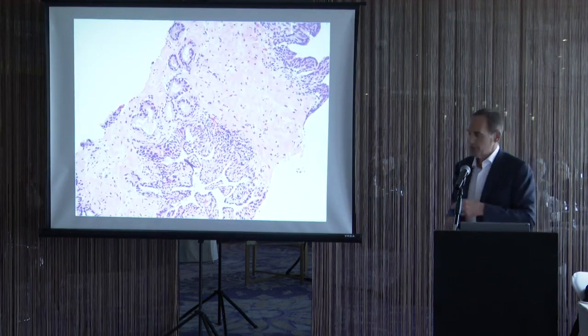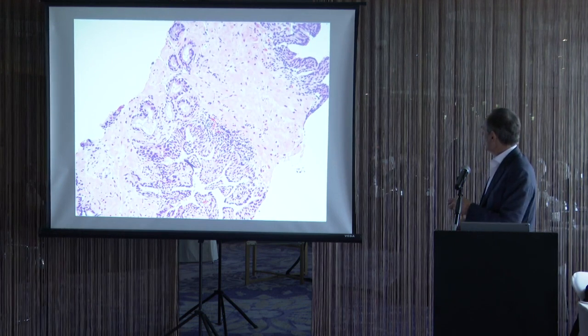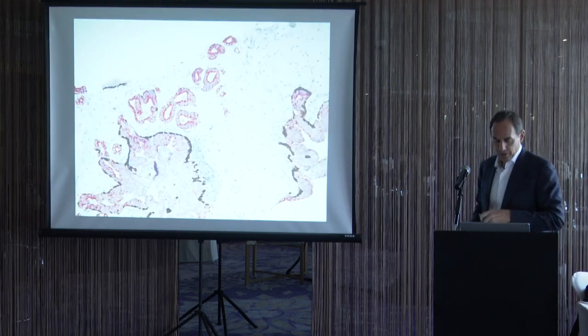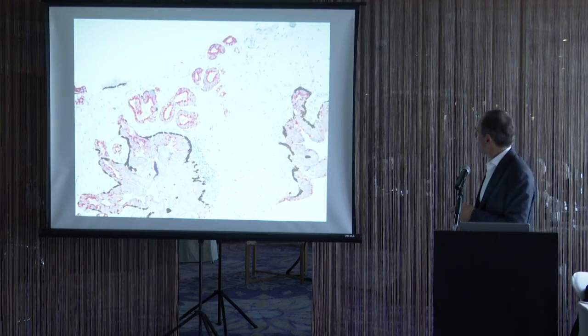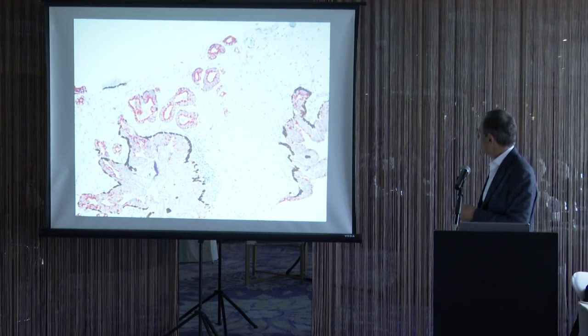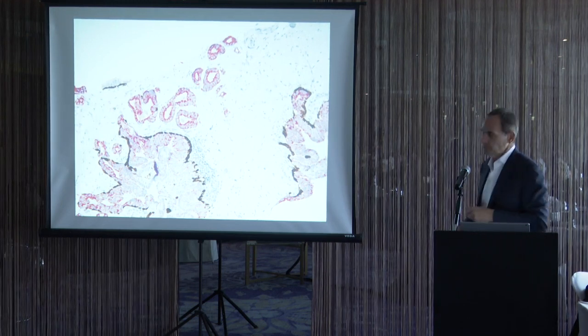Here's another case where we have high-grade PIN on the bottom. We see these small glands trailing off to the top. Again, you would do basal cell stains, and when we do the basal cell stains here, we can see this one gland has some basal cells, but it's immediately next to the PIN. Then we see all these small glands without basal cells trailing away from the PIN.